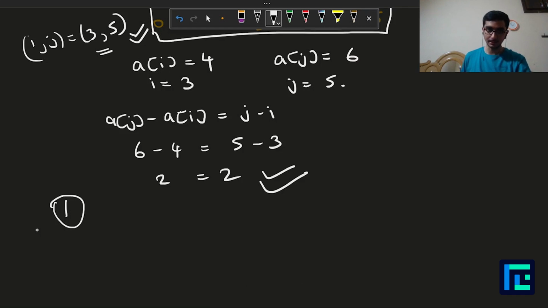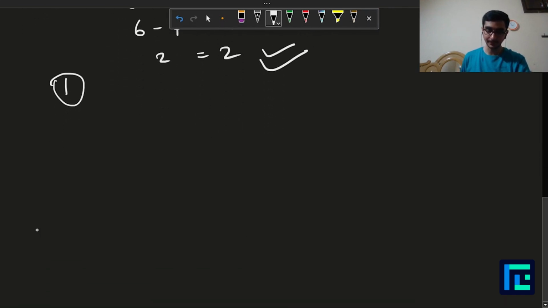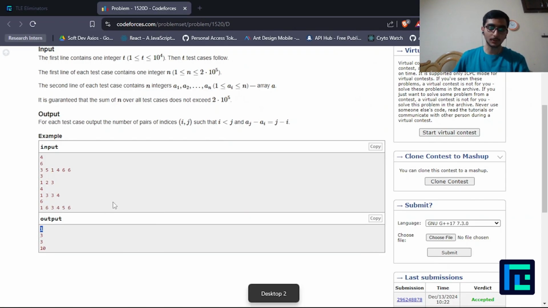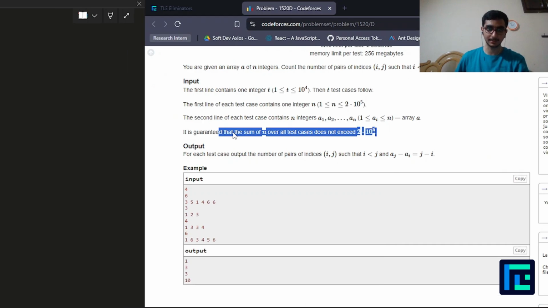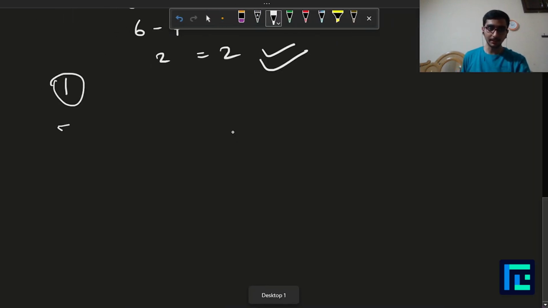Let's discuss the expected time complexity. So if we see the problem carefully, there is a bound over the sum of n over all test cases. So we know that the sum of n over all test cases is less than or equal to 2 times 10 power 5.